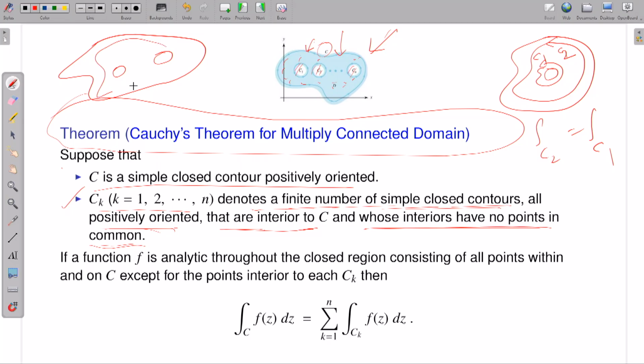Suppose I take a bigger contour C3, a small contour C1 around one hole, and another contour C2 around the other hole. Then the conclusion is that the integration over C3 is the same as integration over C1 plus integration over C2. Since there are two holes, C1 and C2 are two simple closed curves around these holes. Therefore the integration over the larger contour should be the sum over each contour Ck. That is the corresponding theorem.